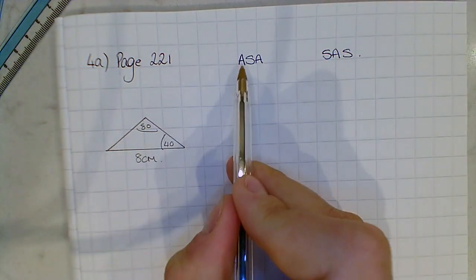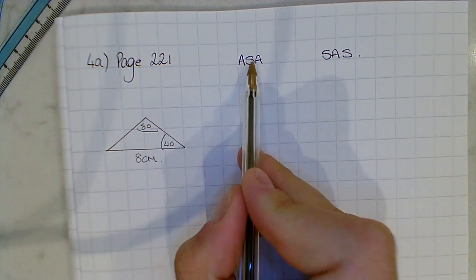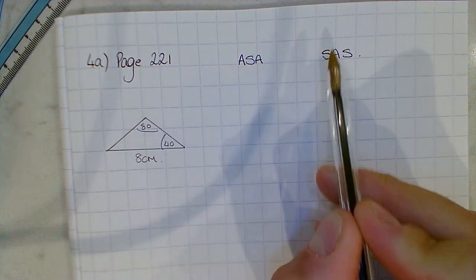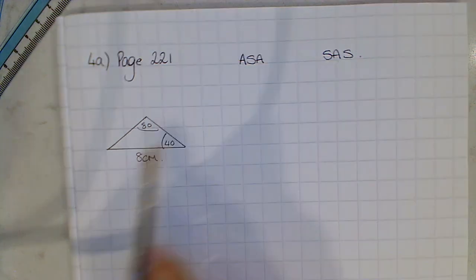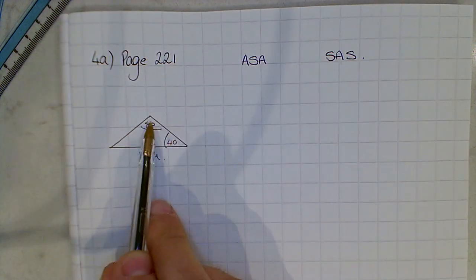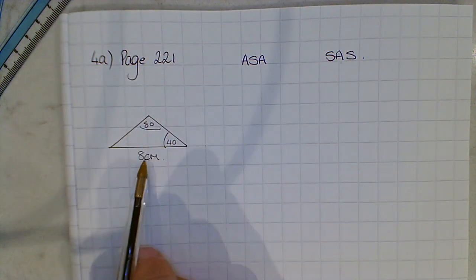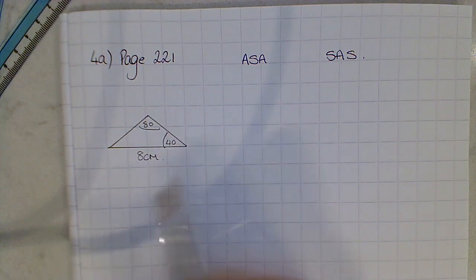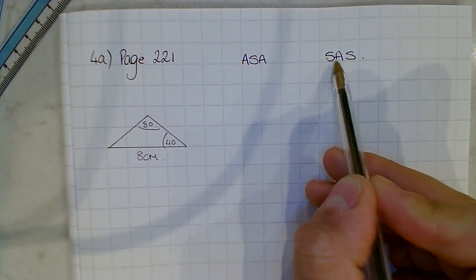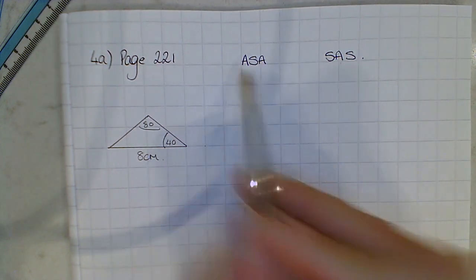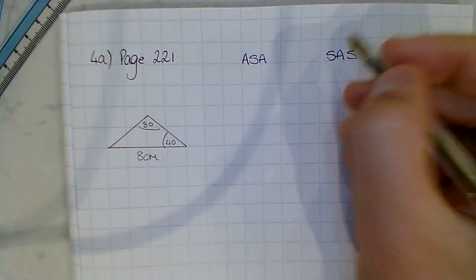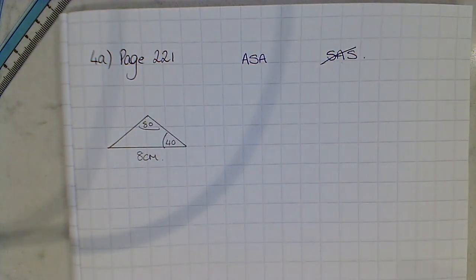So we either need 2 angles and an included side, or 2 sides and an included angle. Here we have got 2 angles, but our side isn't an included side. We don't have 2 sides, so it can't be this one just yet.